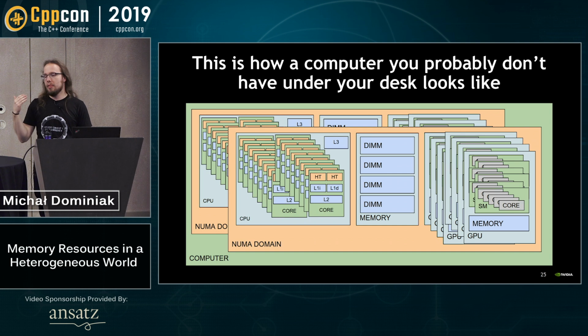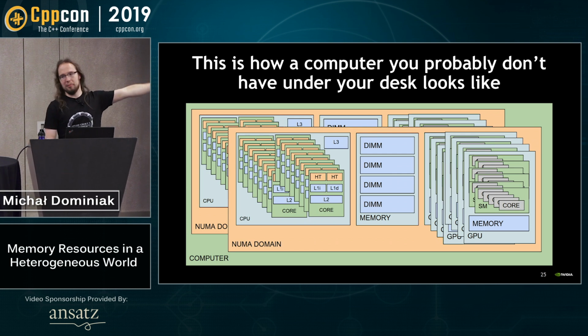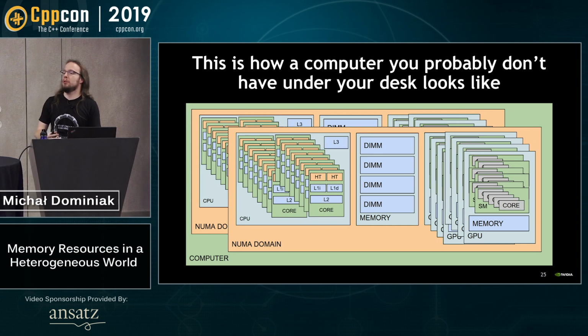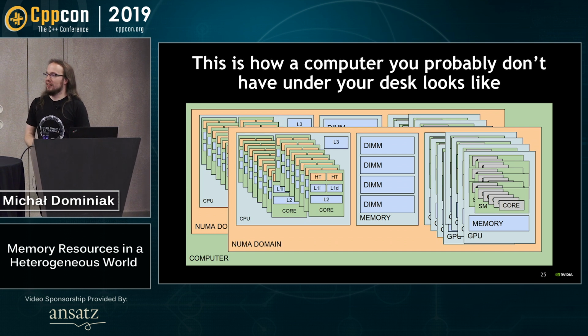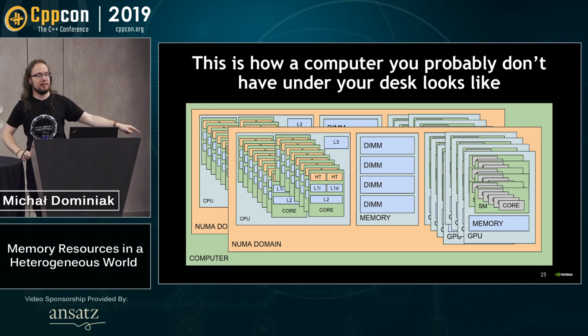Like in your simple desktop, the cost is going to be very simple. There is the cost of accessing cache is this, of accessing global memory is this. But when you start adding those additional components, you have to start thinking about, where is my memory? Is this memory at this address going to be cheaper to access than the memory at this address?